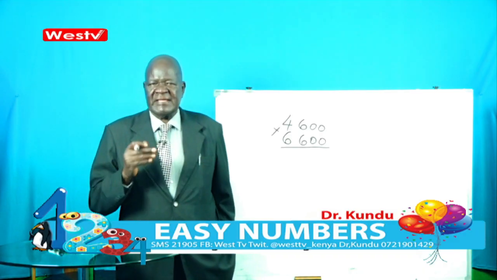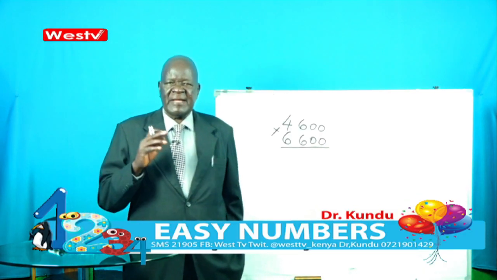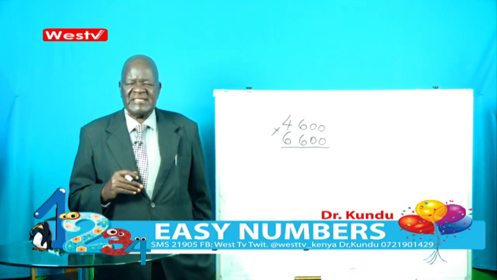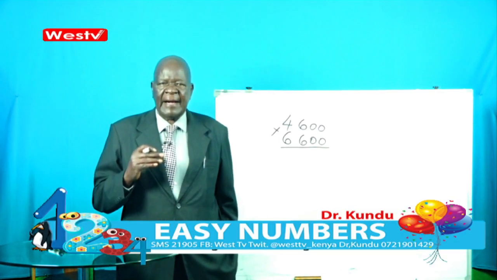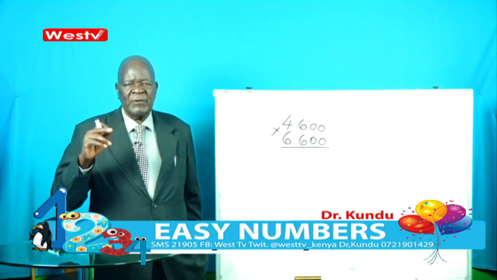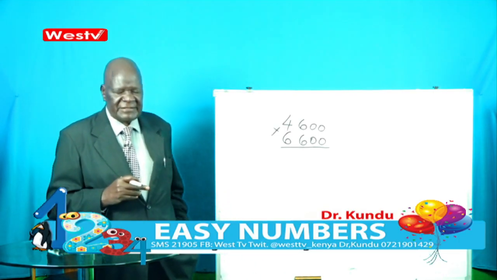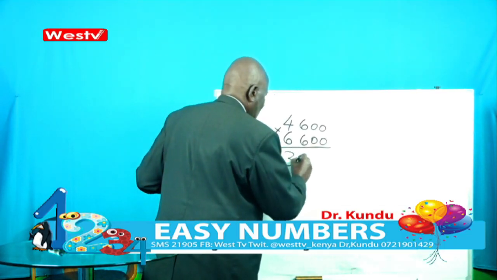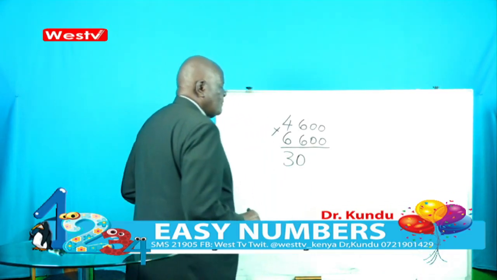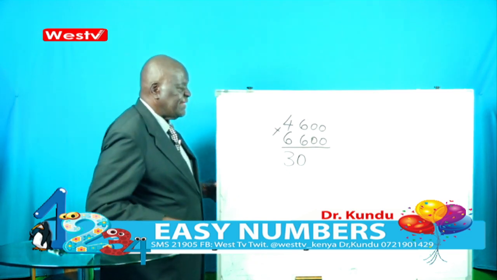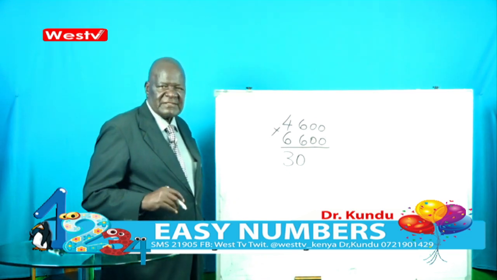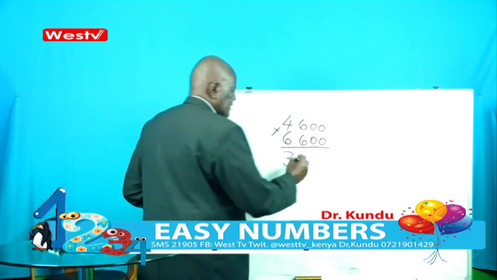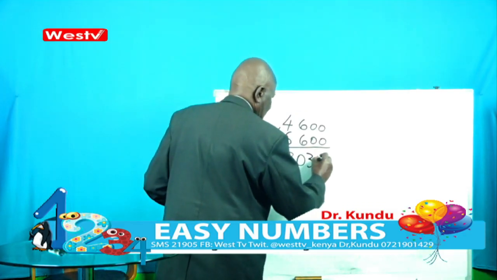So once you see that, then you just multiply the left numbers 4 times 6, which is 24, and add on the common 6 to get 30 as the beginning of your answer. Then come and multiply the common 6, 6 times 6, which will give you 36 as the ending of your answer.